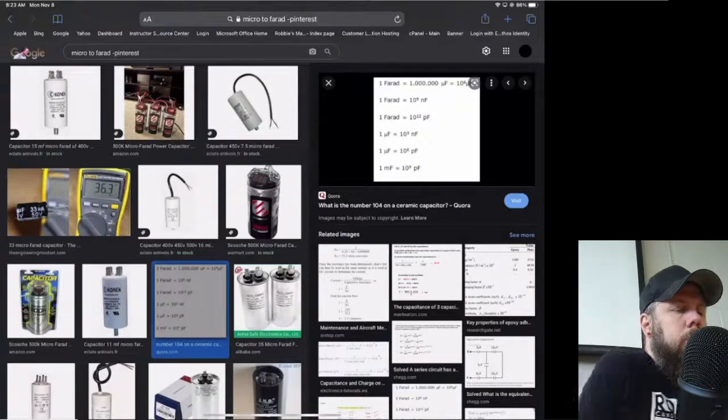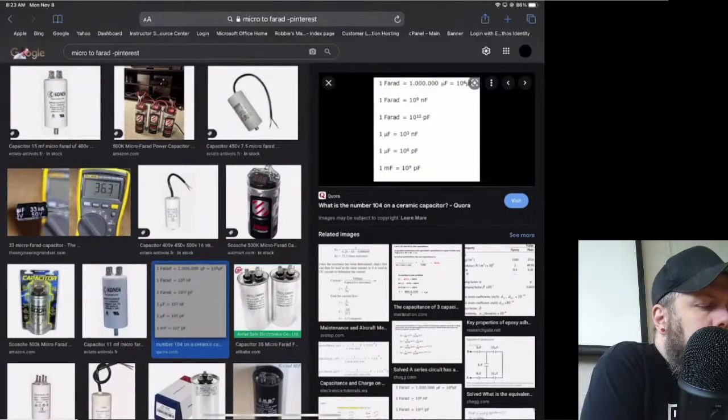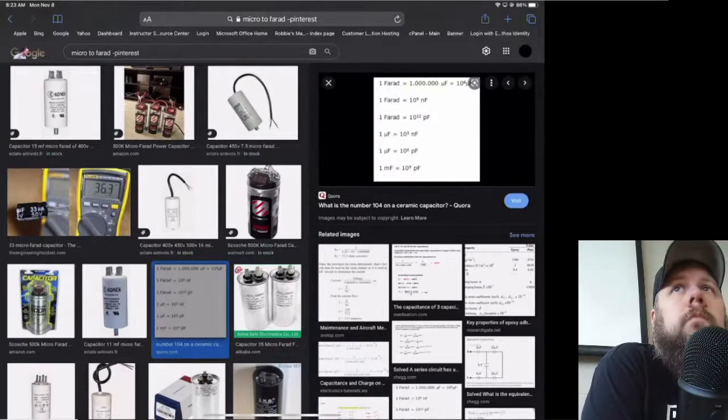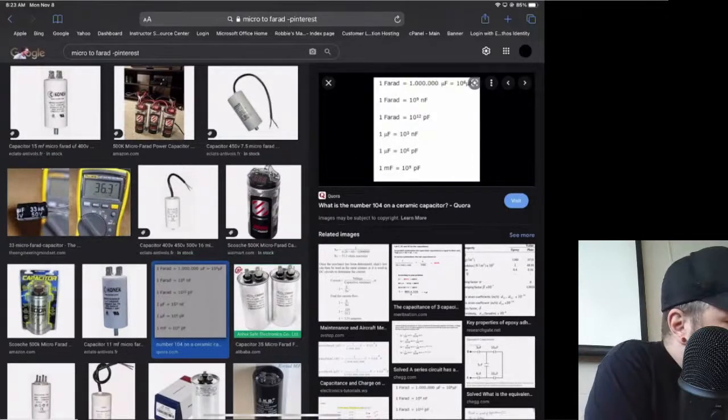So we're looking at 1 million microfarads equal a farad.